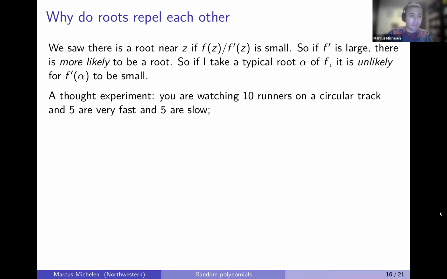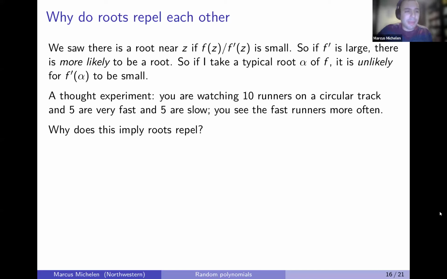Who are you going to see more often? Right? You're going to see the fast runners far more often than the slow runners. And here in this analogy, you're the origin, and f prime is how fast they're going. So you're going to see the things crossing the origin more often if they're moving a lot faster. So this means at a root, typically f prime is not small.